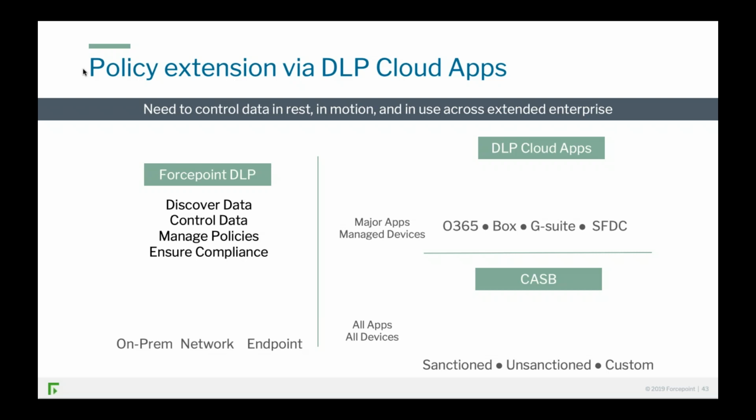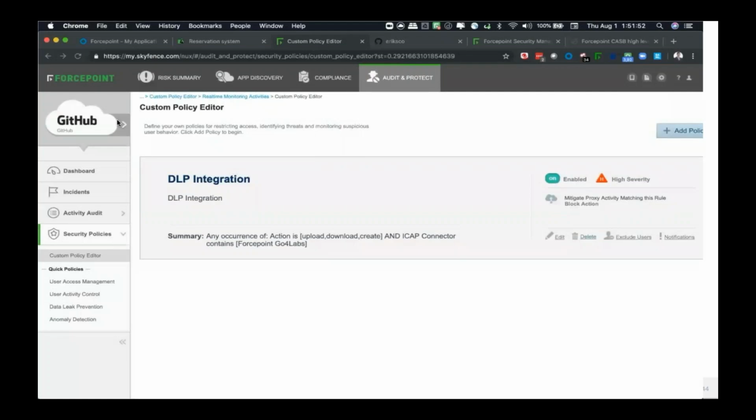Now we're going through a process where we're going to be bundling these technologies together in a slightly different way. But technology exists to be able to extend your existing DLP. It means that you can avoid having separate islands of data. You don't want to have multiple DLP systems in place. Trust me, it's hard enough managing them all. So this is going to show you how we can do the DLP integration.